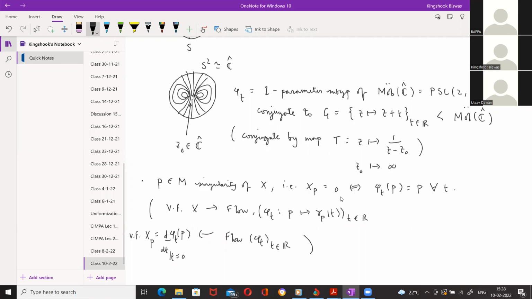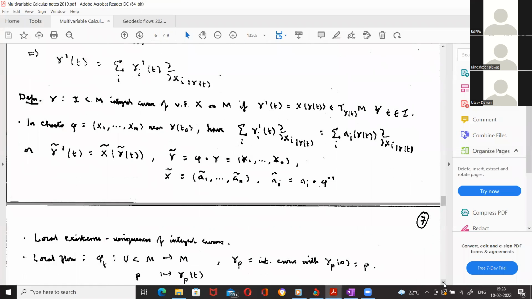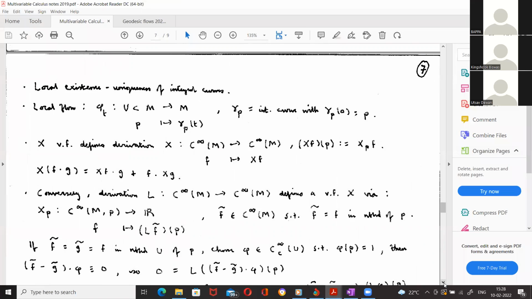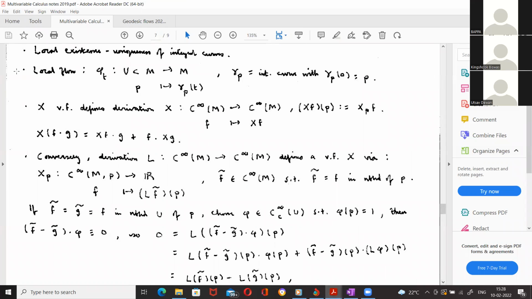Good. So now I want to move on to what's called the Lie bracket of vector fields. So any vector field X, algebraically, what does it do?